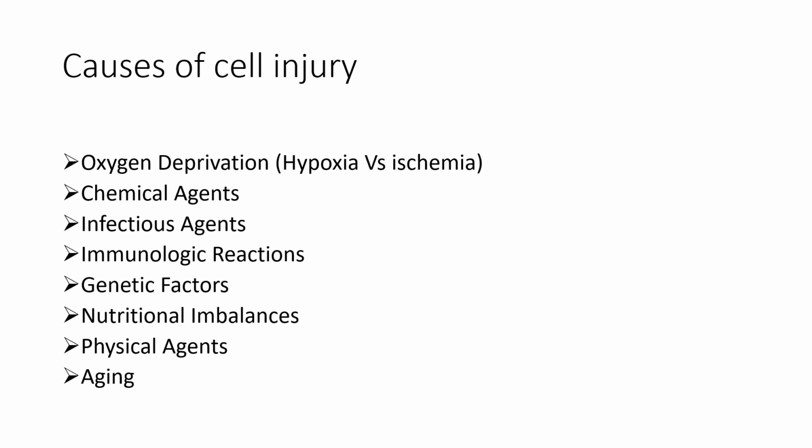Sometimes some genetic factors اختلالات جينية ممكن تؤدي لسيل injury وأغلبها هاي بتكون متوارثة. Nutritional imbalances سواء undernutrition أو overnutrition والobesity and its complications. Physical agents مثلا الصعق الكهربائي for example, aging التقدم في السن، كل هاي ممكن تكون أسباب.